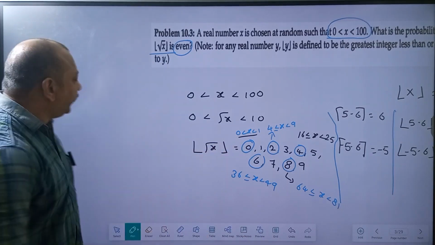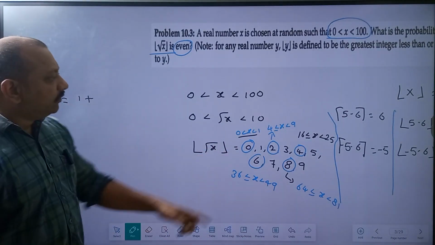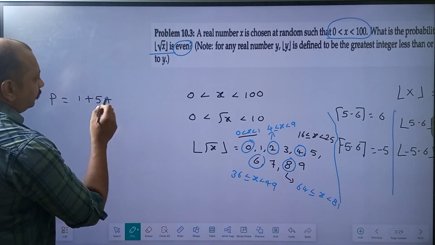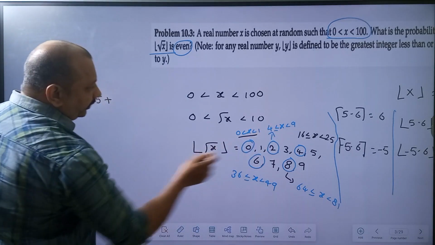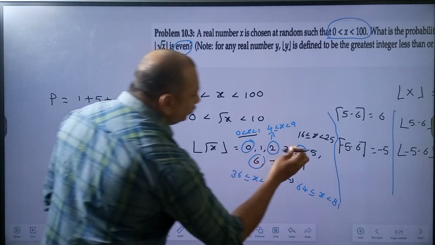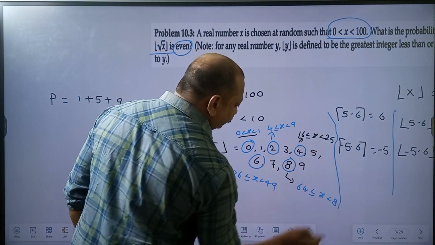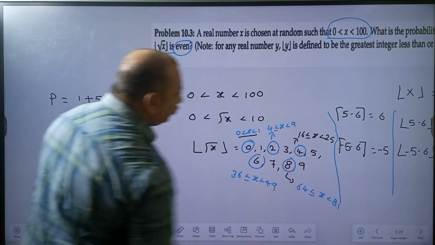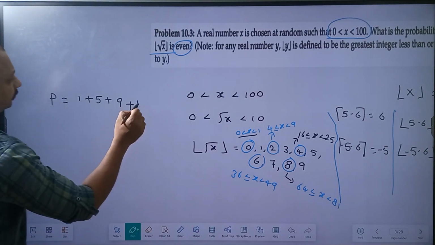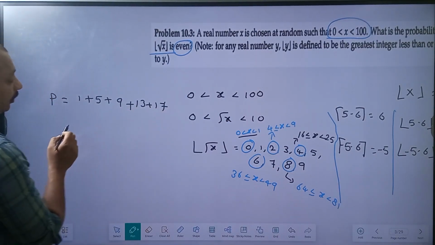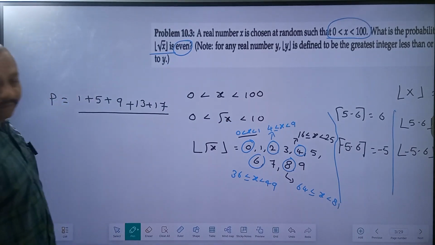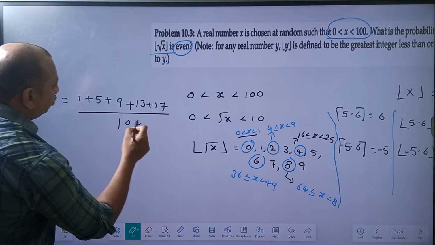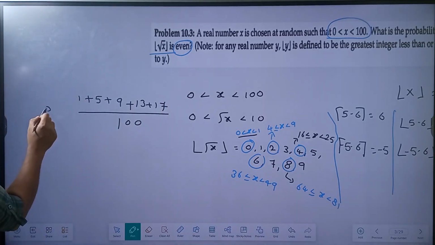Successful region 0 to 1 is 1, plus 4 to 9 is 5, plus 16 to 25 is 9, plus 13, plus 17, all divided by total, which is 100. Total region, right.